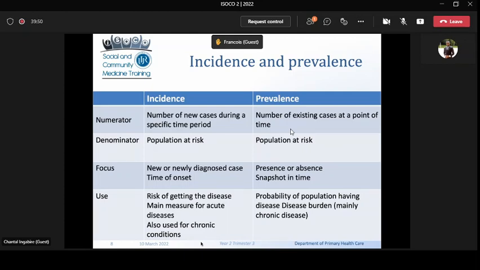For me, I think for the prevalence, because of the existing cases, to deal with it, it's all about treatment. Because there are people who already have that factor or that disease, you have to tackle the treatment of those people, so you can decrease the number who have it.